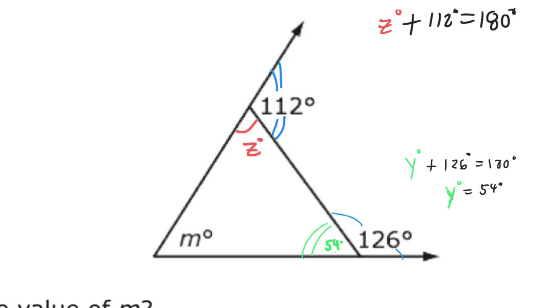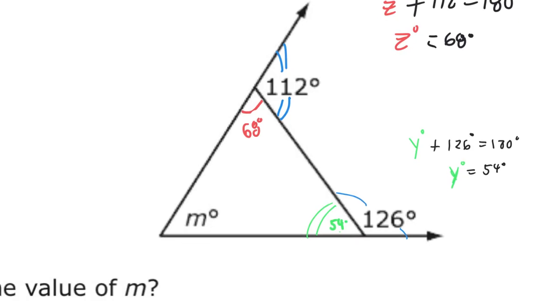So therefore, the red z would be nothing more than 180 minus that 112, and that's going to be 68. Okay, 68. So what I'll do is I will replace this red z with a 68 right now. And great.